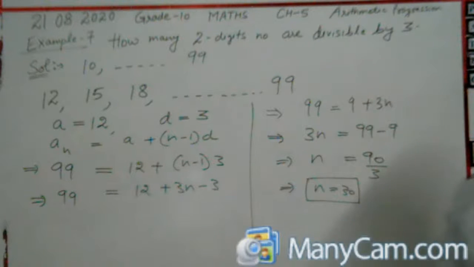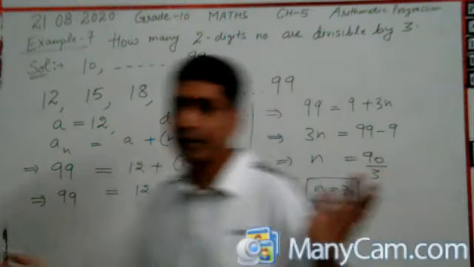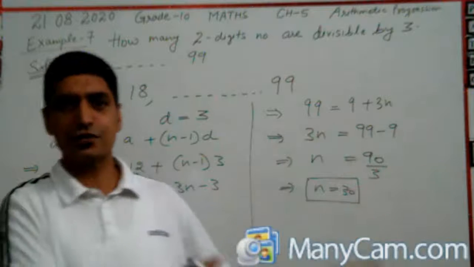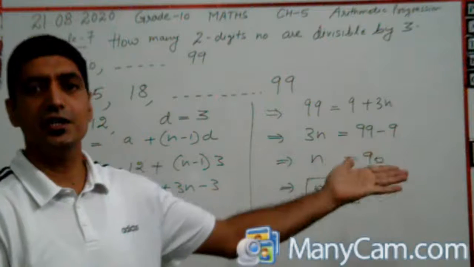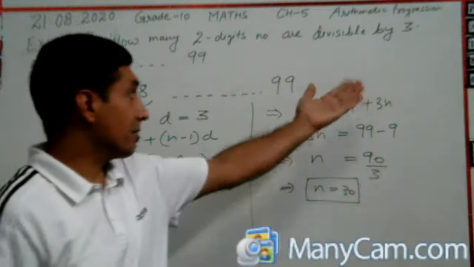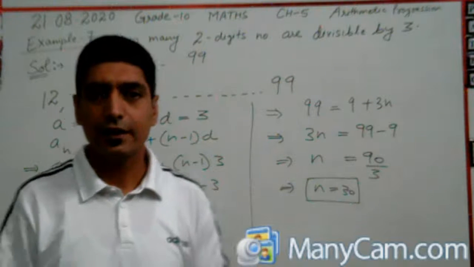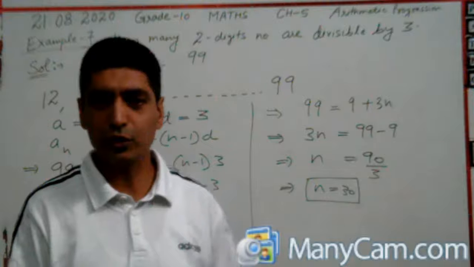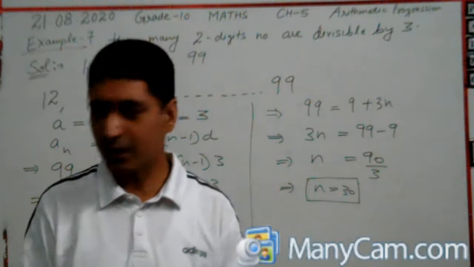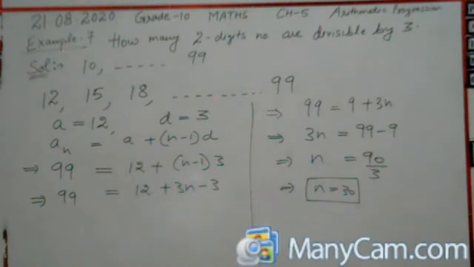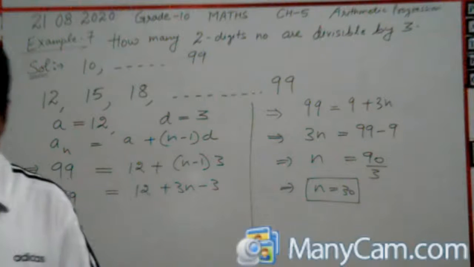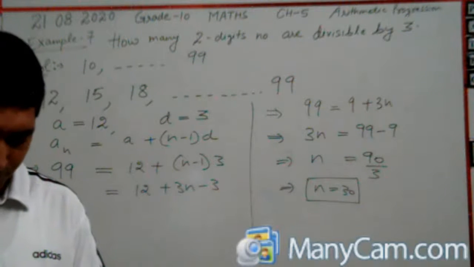So this is all about the question. I have discussed so many questions, whether 2 digits, 3 digits, whether divisible by 3, 4, 5 or any number. I hope you are clear that this is an important one. So here it is all about the application of the nth term of any AP. Okay, we can proceed further now.